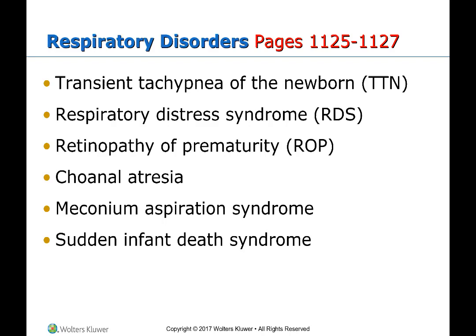Okay. Usually we give oxygen for that. Of course, we're going to be doing oxygen saturation levels, taking their vital signs. They may not be able to have the baby nurse or even suckle at all. So they may have to give IV fluids or use a feeding tube just to get them through this.